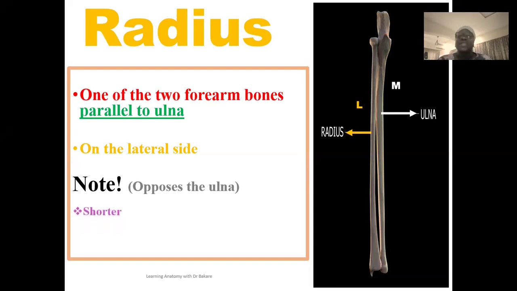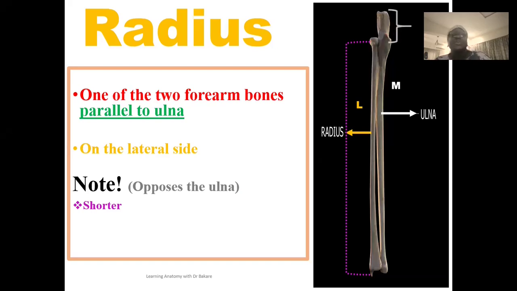It is also important for us to highlight that the radius opposes the ulna. If you look at the radius, you see that it is shorter in terms of length, and this is what is projected here in this image. If you look at the ulna on the other side, you see that it is longer than the radius. And this extension is created basically as a result of the projections that are seen at the upper region of the ulna. And this includes the olecranon process and also the coronoid process.